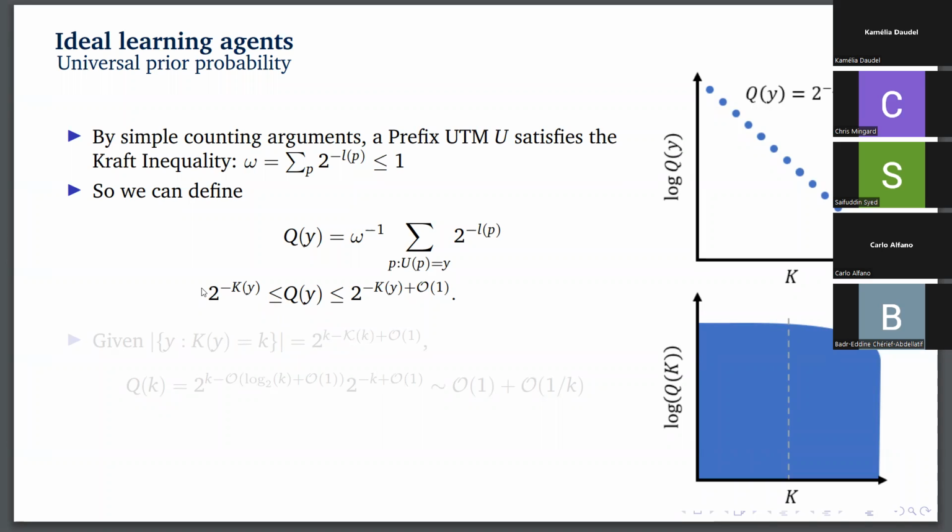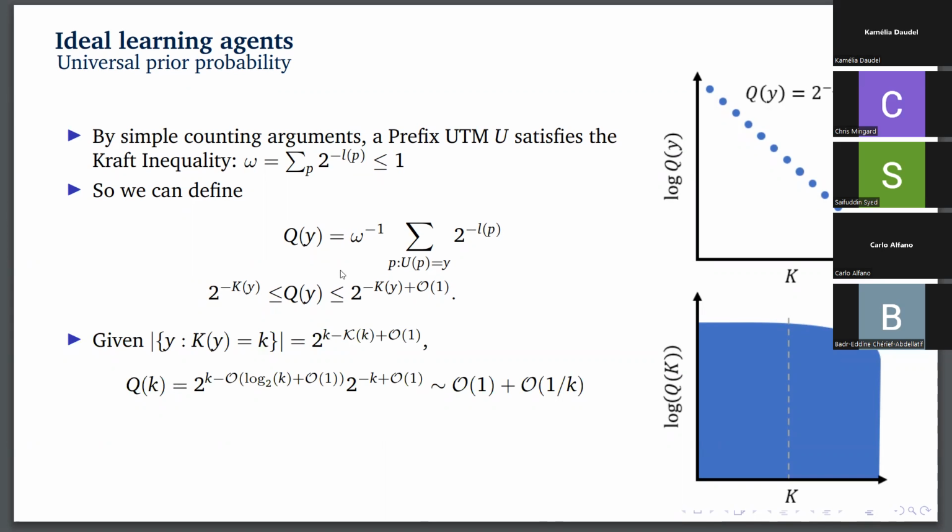There may be longer programs that generate the output, but given that this is the shortest one, the probability must be at least this big. Levin showed that there are some order 1 terms here, which depend on the universal Turing machine, but not the output string we're interested in.